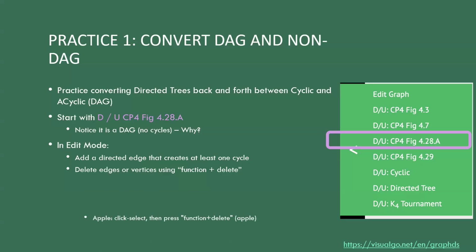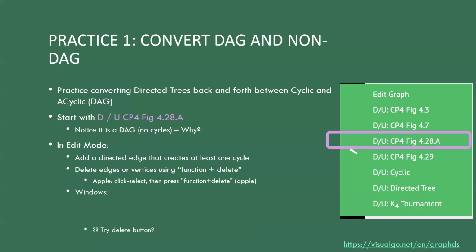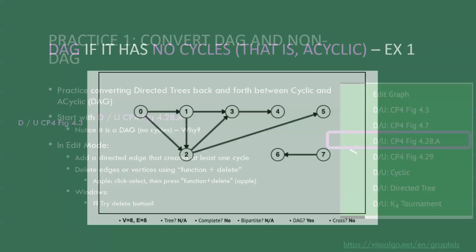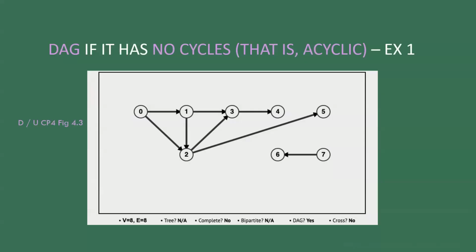So Windows and Mac are a little different in case you're trying to do that on your own laptops. But do try at least to grok the idea of the DAG versus not the DAG by destroying cycles. You can go in and find edges and delete them until something ends up being a DAG, basically.